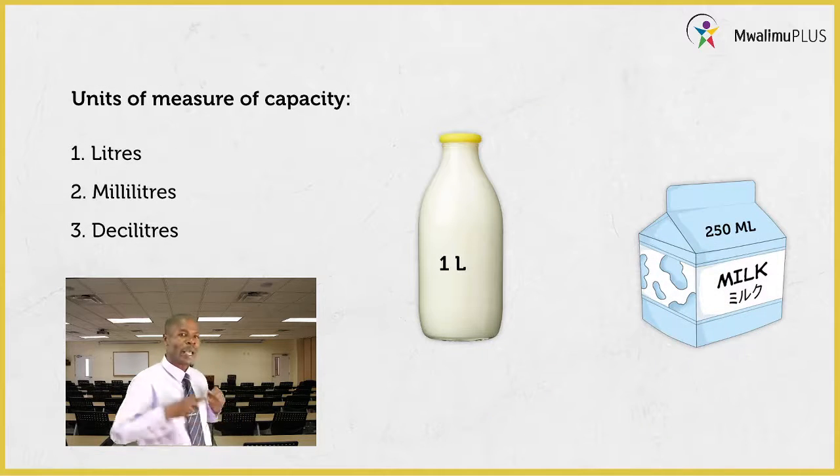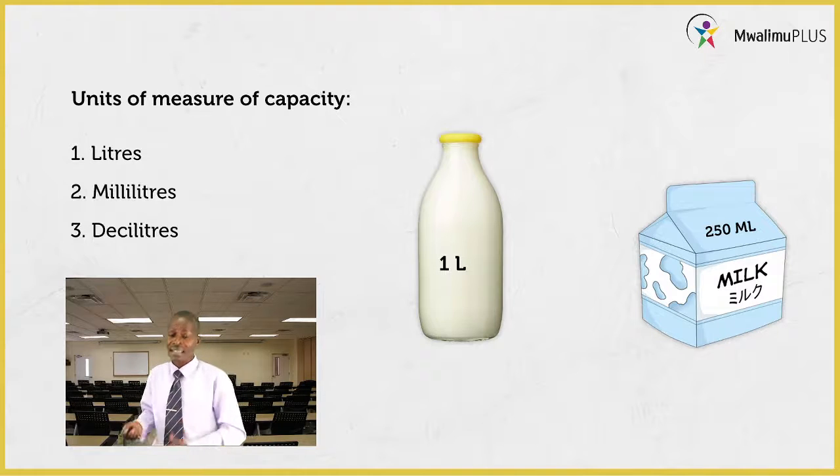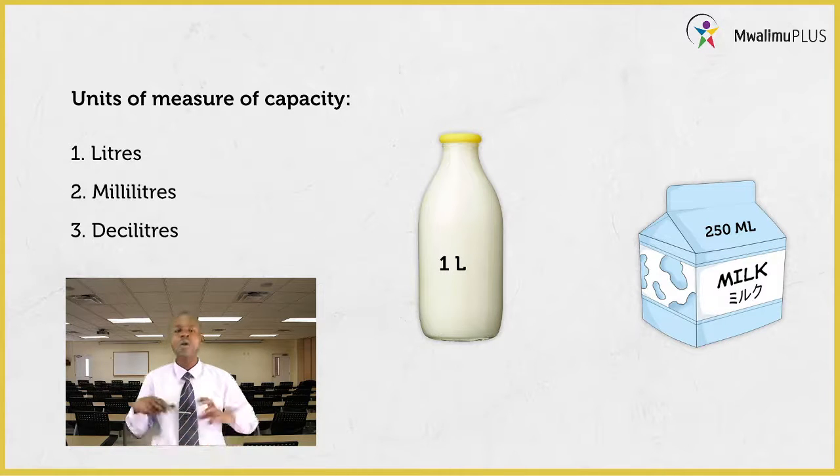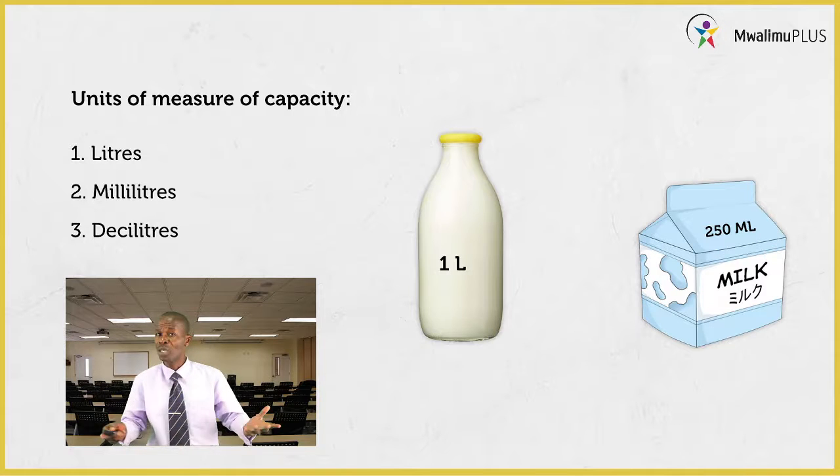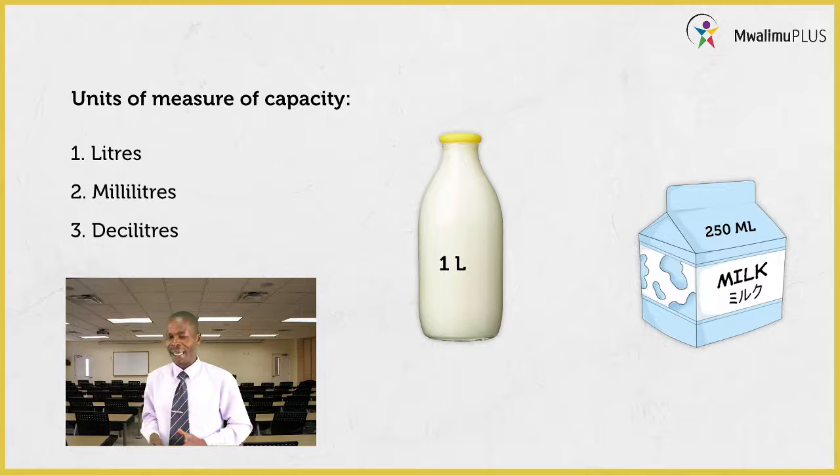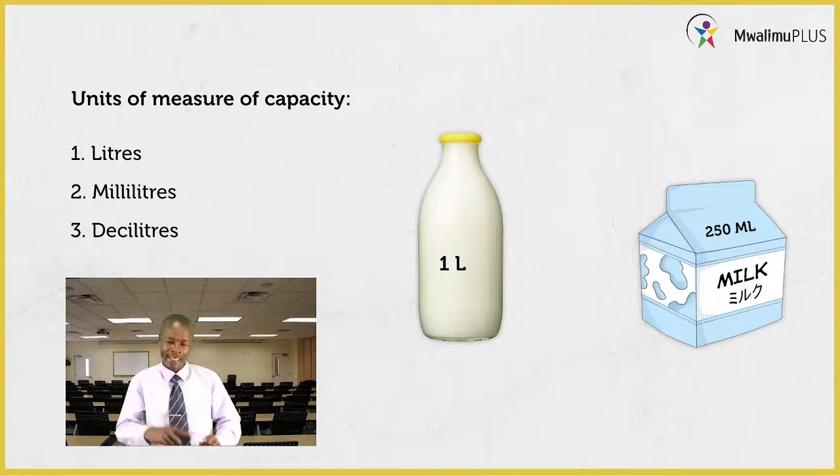Unlike volume, where we talk about cubic centimeters, after multiplying a length by a width by a height, here we talk about how much goes into that space that you called volume. And therefore, the units here usually are liters and milliliters at your level. But I'll introduce deciliters in case you'll need it somewhere. But for now, we are going to look at liters and milliliters.